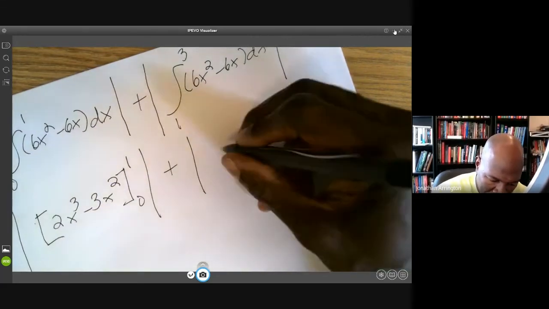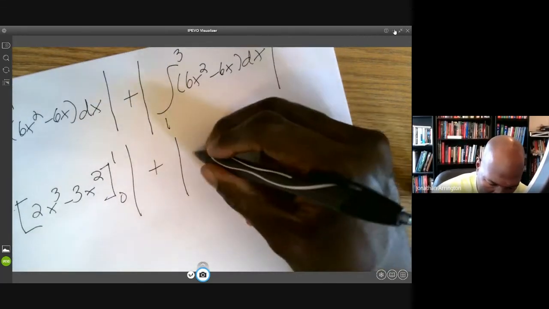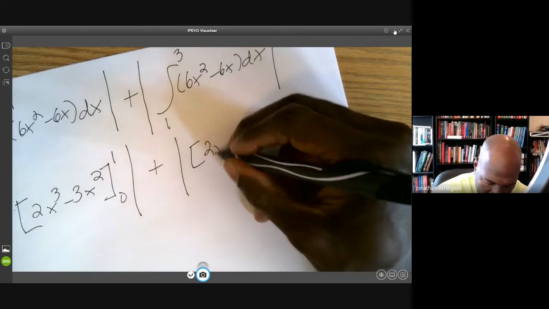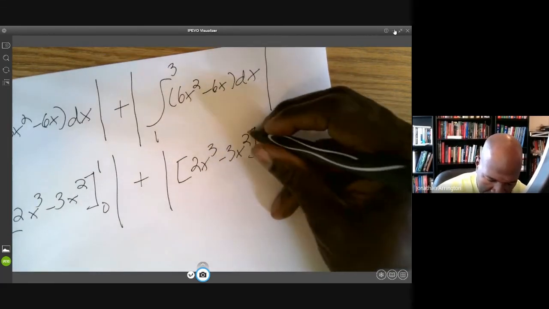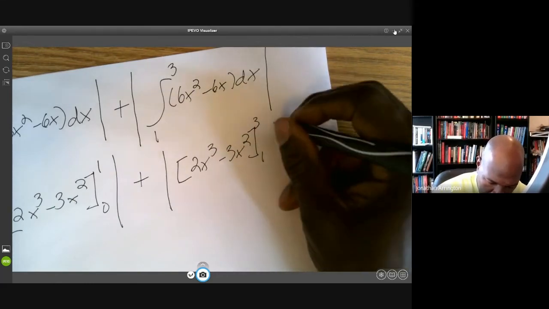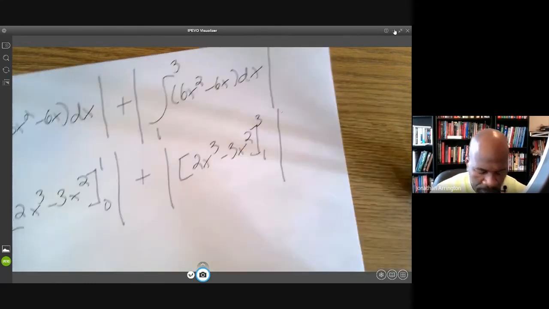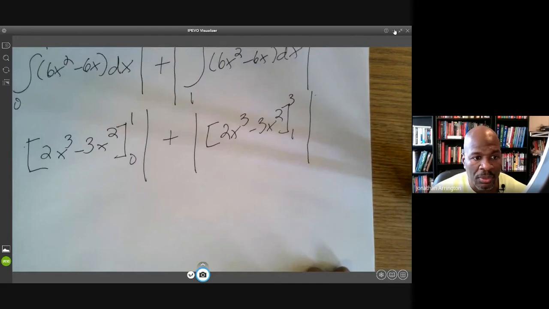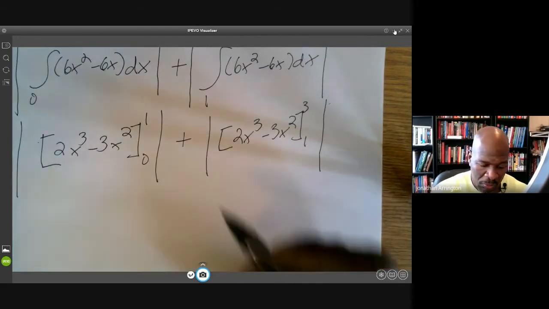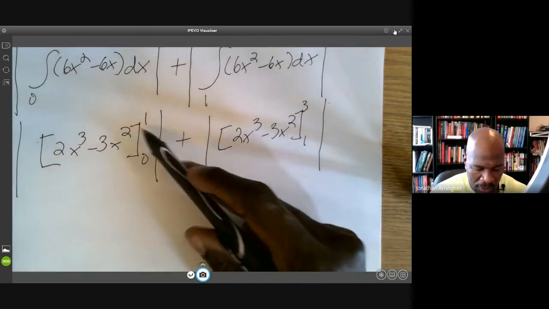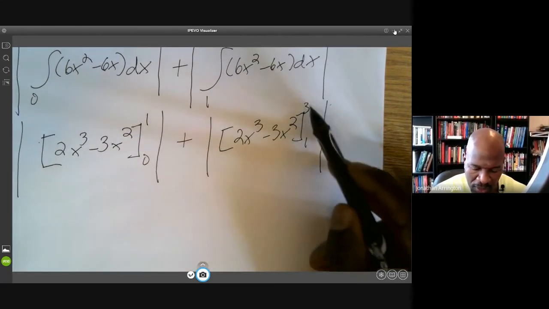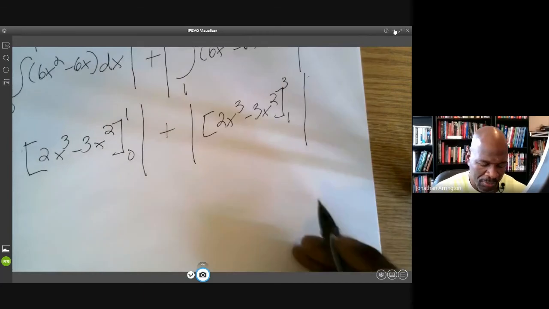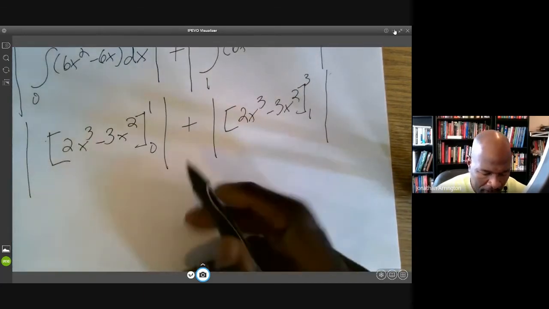And here we're going to go from 1 to 3 and take the absolute value. And also a good thing that makes the process pretty good, when we integrate from 0 to 1, we'll already know what the value is for 1. And so when we come over here, we're really just finding the value at 3 because we already know the value at 1. All right, so let's do the work here.